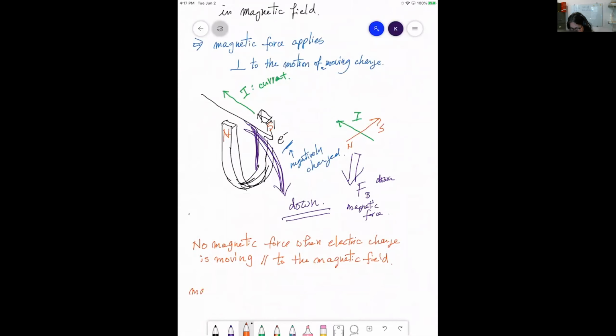And then there's going to be the maximum magnetic force when electric charge is moving perpendicular to the magnetic field.